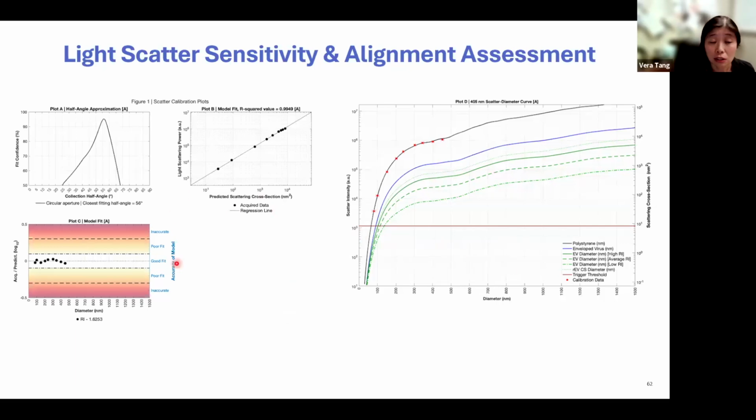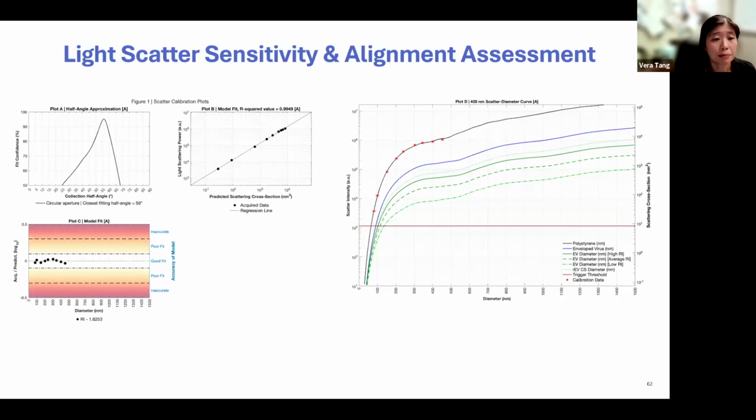All you have to do is a scatter calibration, and you've captured all this information about your instrument. Theoretically, I can see where this intercept is for enveloped viruses, where this intercept is for EVs, and of course the polystyrene here. This red line represents the threshold that you set on side scatter using your PBS sample.